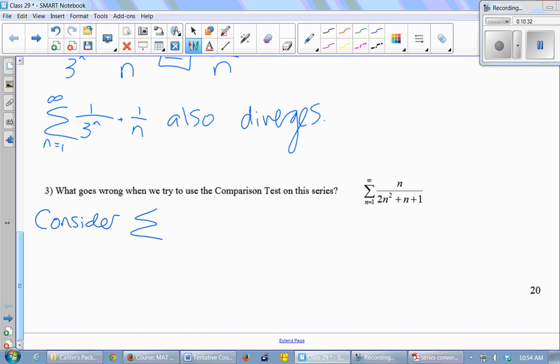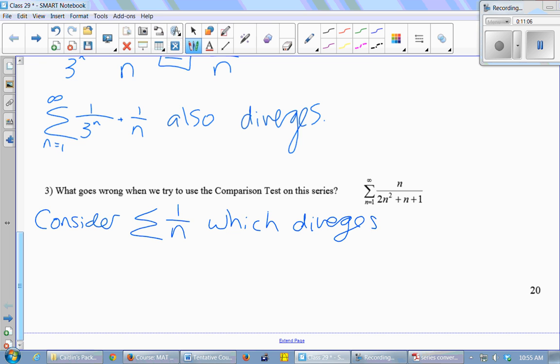And n over 2n squared would reduce to 1 over 2n. So I'm going to compare it to 1 over n. Right? A simpler series whose convergence or divergence I know. That seems related to this guy. My hypothesis is that this is going to have the same behavior, convergence or divergence, as this.